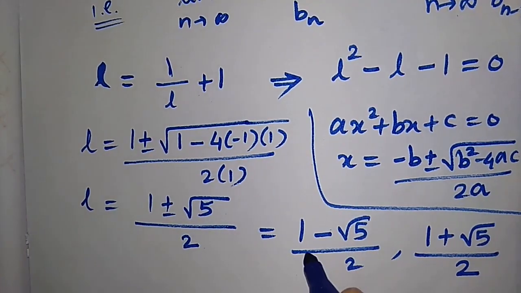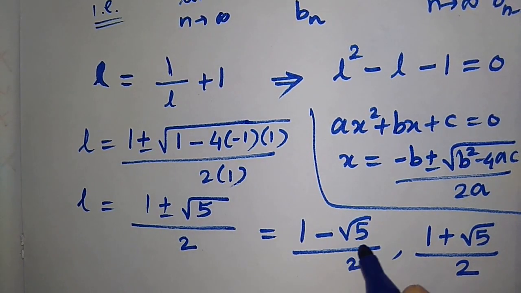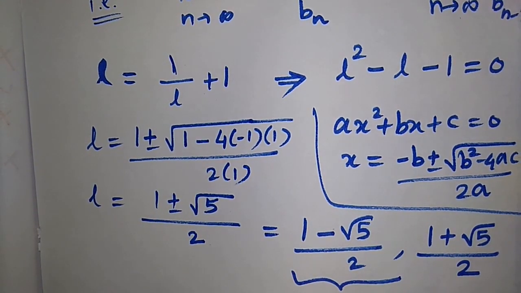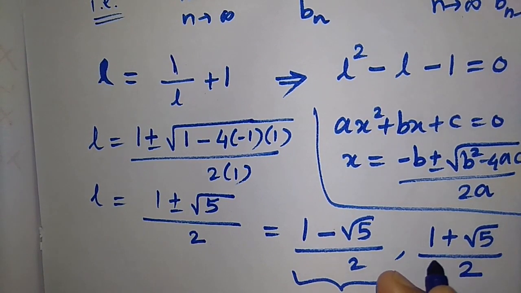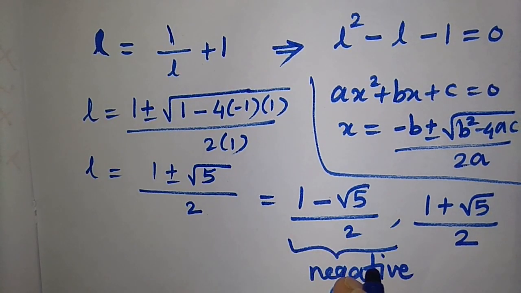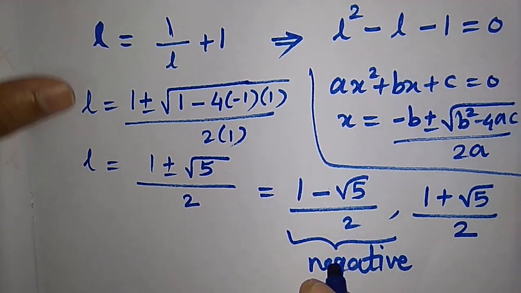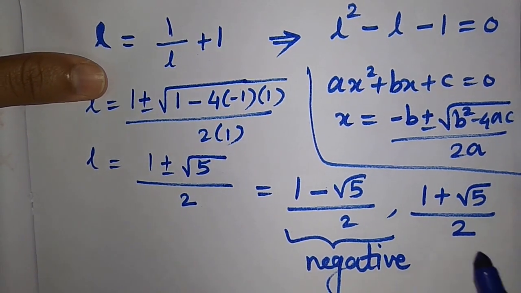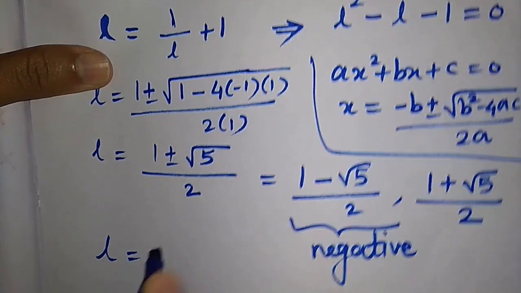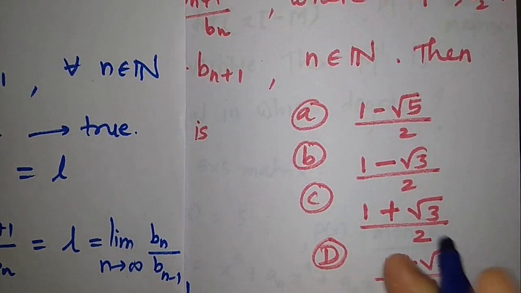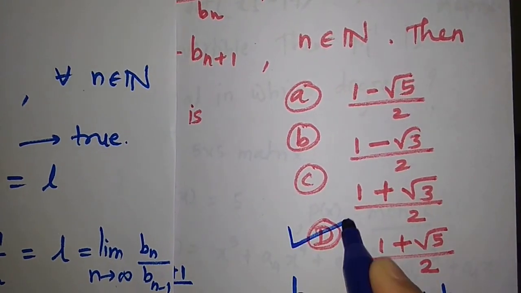We know that 1 is less than square root 5, so this is a negative quantity, so the sequence cannot converge to 1 minus root 5 by 2, as it should converge to a positive quantity. So the limit of this sequence must be 1 plus root 5 by 2. So the answer is option D, which is 1 plus root 5 by 2.